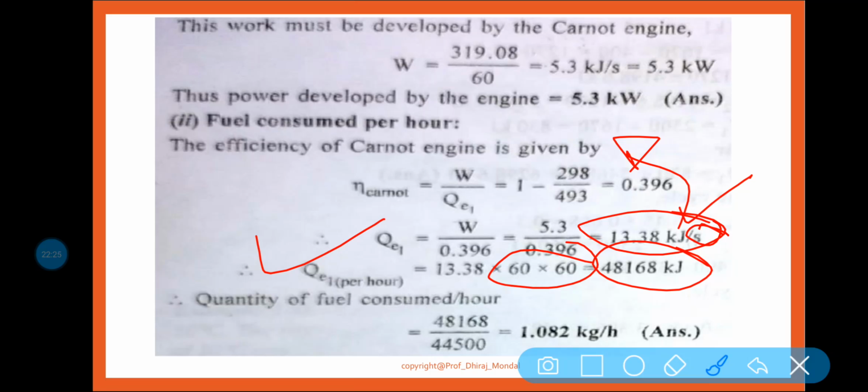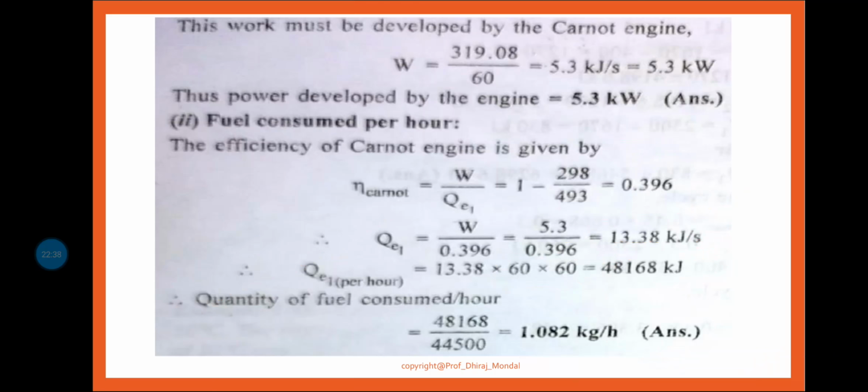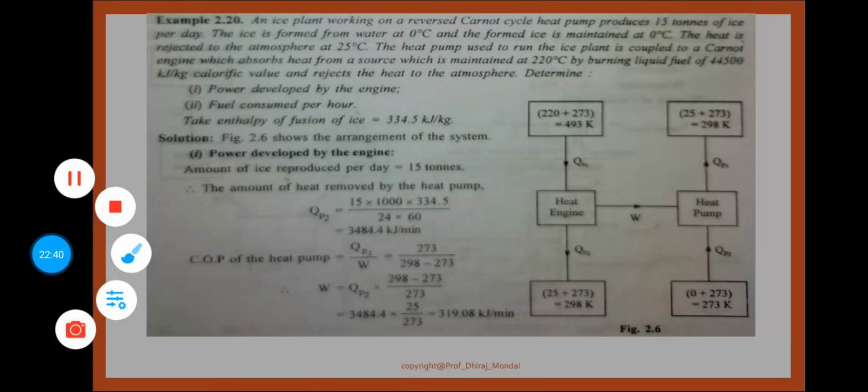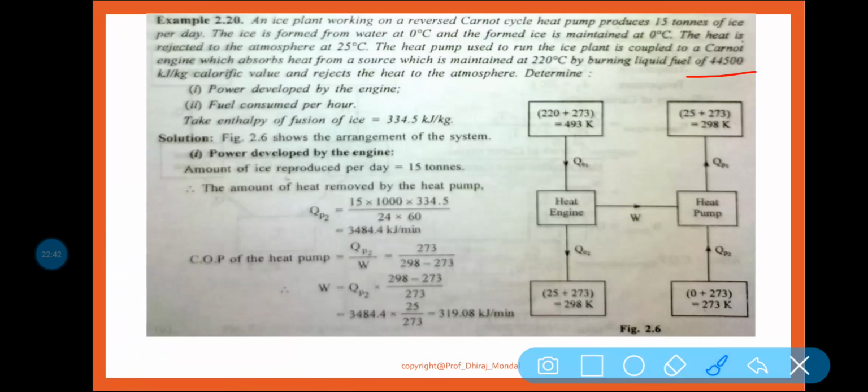Okay, now you can see quantity of fuel. So you know that quantity of fuel consumed per hour, here basically this amount of heat has to be extracted, and here basically it is given 44500 kilojoule per kg calorific value.